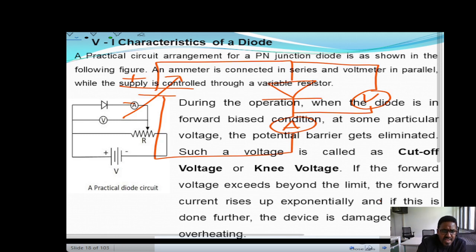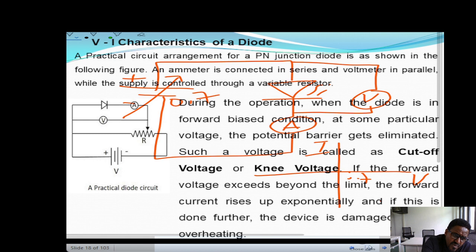So what happens in this diode? When you draw the graph with the y-axis as current and the x-axis as voltage, during forward bias, when our source exceeds or is greater than 0.7 volts, let's assume this diode is made from silicon, the diode starts to conduct.